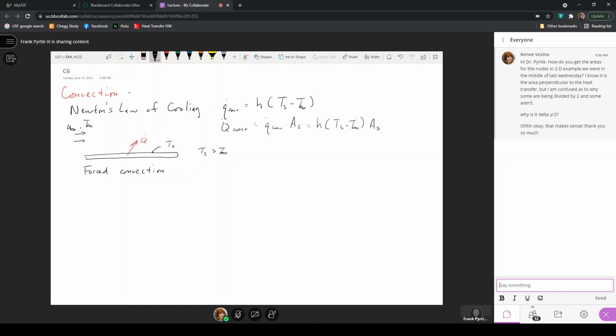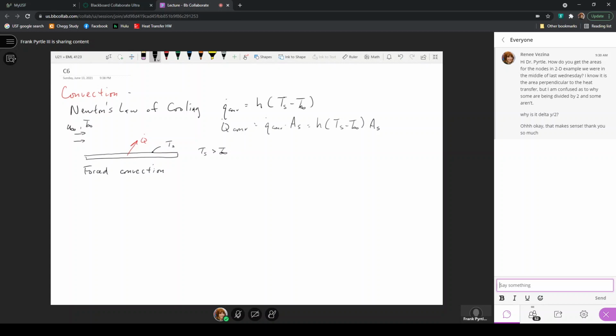Now, we'll still have all of the hydrodynamic considerations, like pressure drops due to the no-slip condition. The hydrodynamic part of the problem still would exist, but if there's no temperature difference, there's no heat transfer. When there is a temperature difference, not only do we have to consider the thermal part of the problem, but we also have to consider the hydrodynamic part.